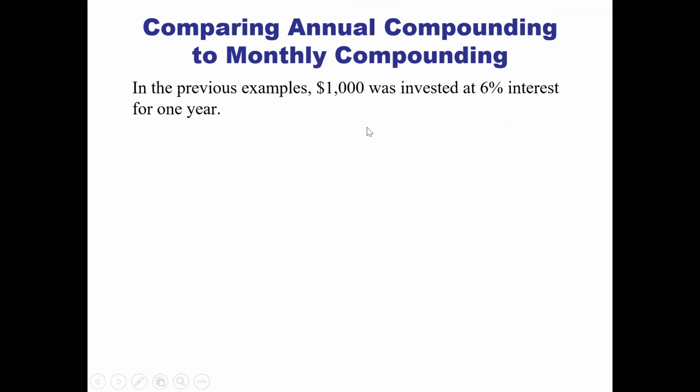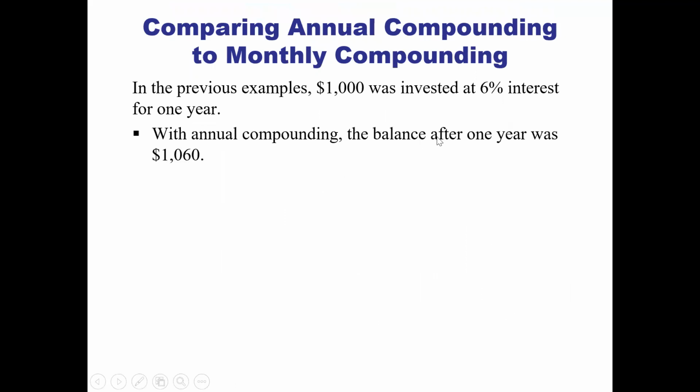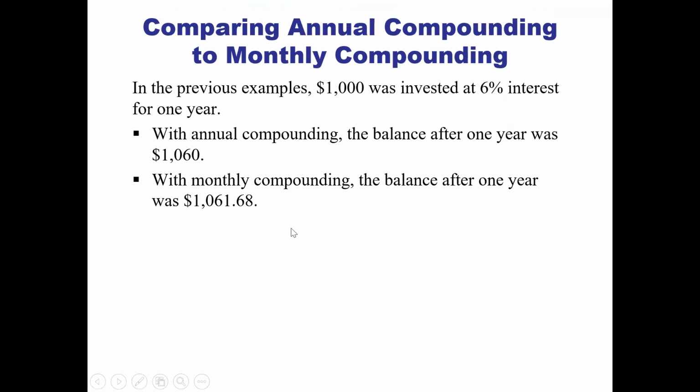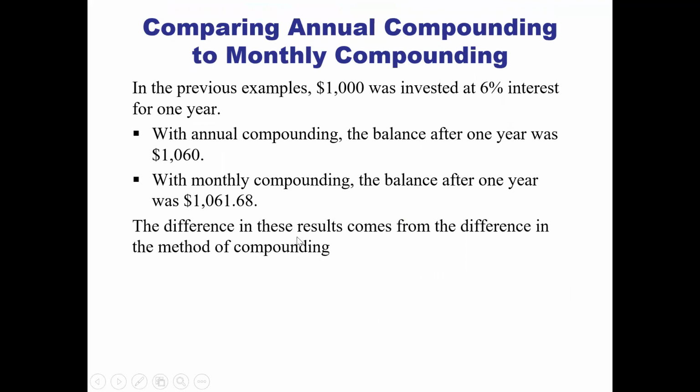In the previous example, it was invested for 1 year, and with annual compounding, we found it was only 1,060. But when we did this one, we found 1,061.68 when we compounded it monthly. The difference in these results comes from the difference in the method of compounding. That's a key thing. The more often you compound, the more interest you're going to get.